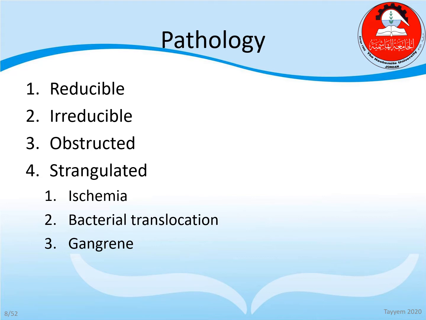Eventually, there will be obstruction of the arterial flow, and that will eventually cause bowel ischemia. Meanwhile, due to the loss of the blood supply, the integrity of the bowel wall could be compromised, leading to bacterial translocation, and if that's not relieved quickly, gangrene will ensue, and perforation and peritonitis.